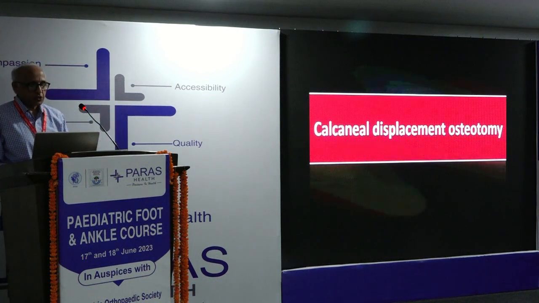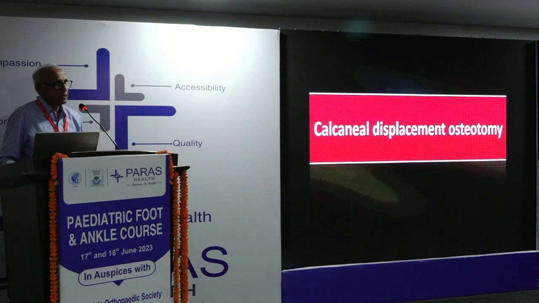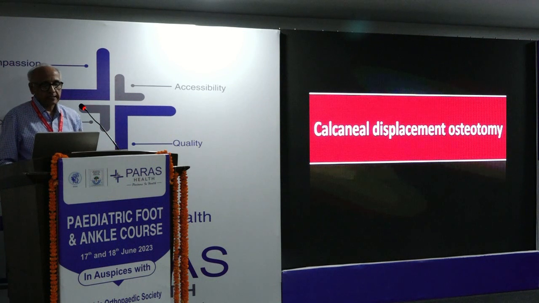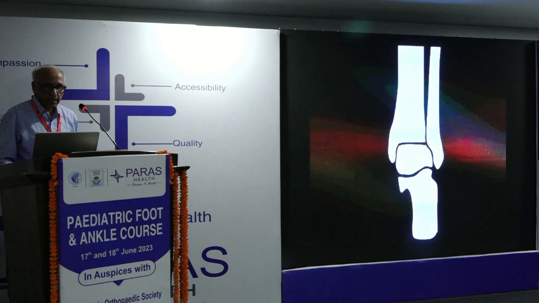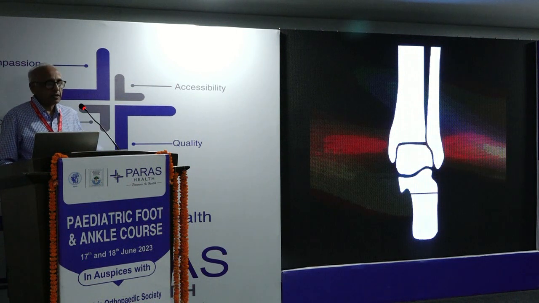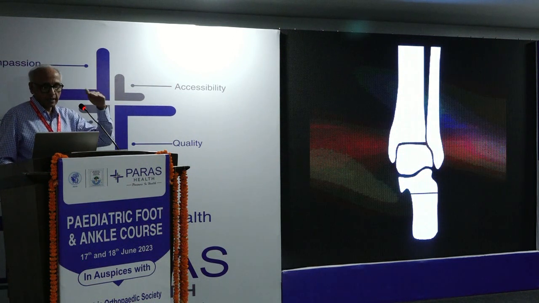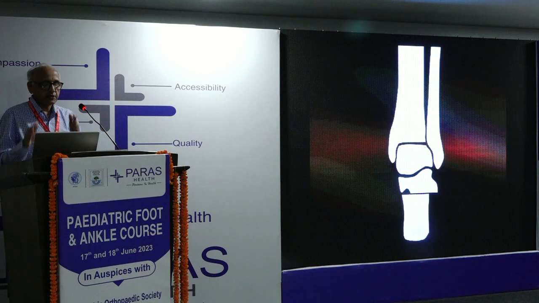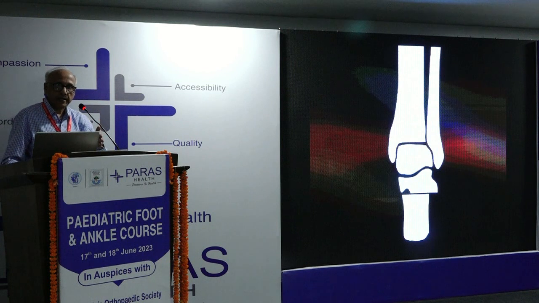Coming to the question about the deformity when it is below the ankle joint, we can correct it with the calcaneal displacement osteotomy. If the deformity is like this, we can cut the calcaneum, displace it and shift it medially so that it comes underneath the line of weight bearing.